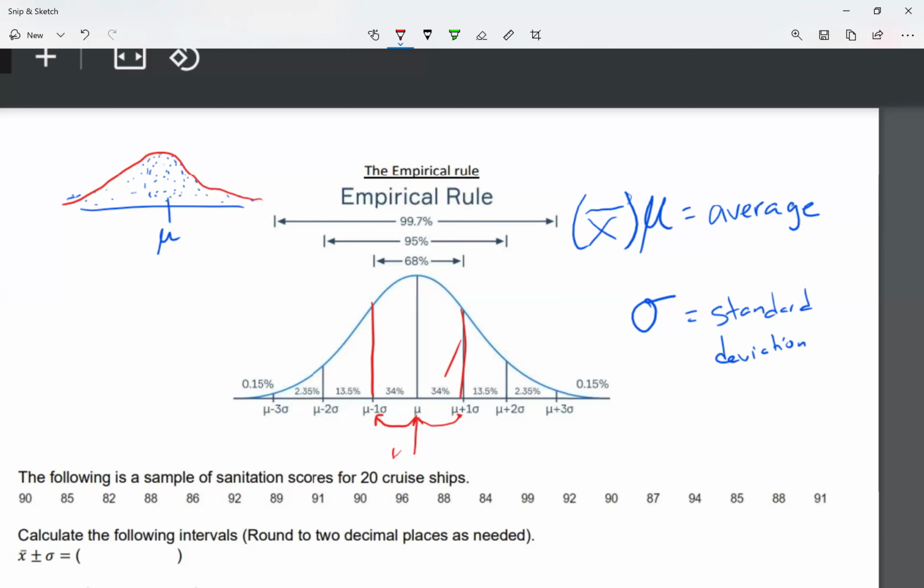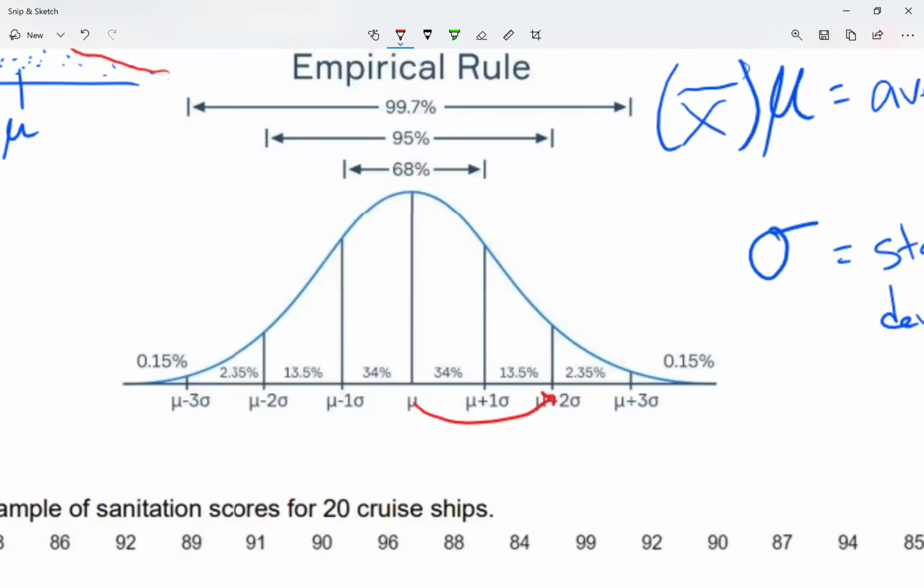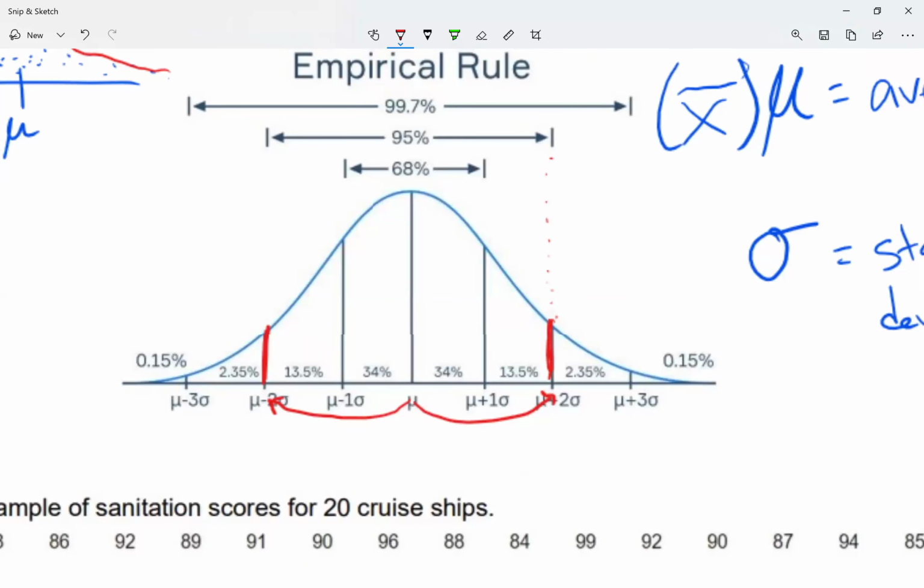Another cool thing the empirical rule tells us is, from our mean, if I go as far right as mean plus two standard deviations, and then as far left as mean minus two standard deviations, so I go from here to here, the empirical rule says about 95% of our data is going to be in that section. 95%.